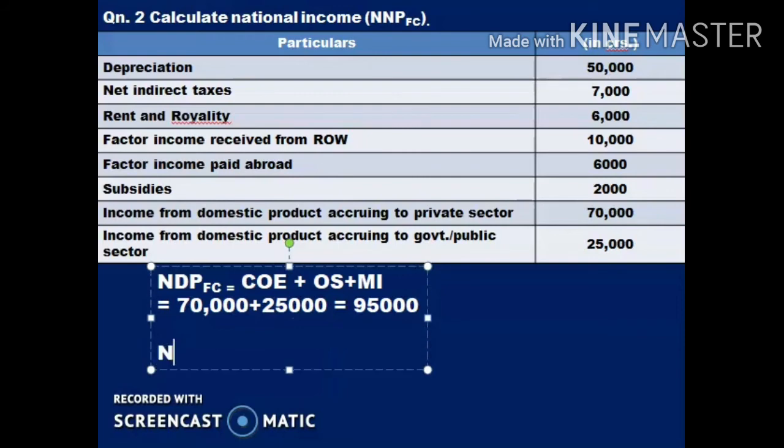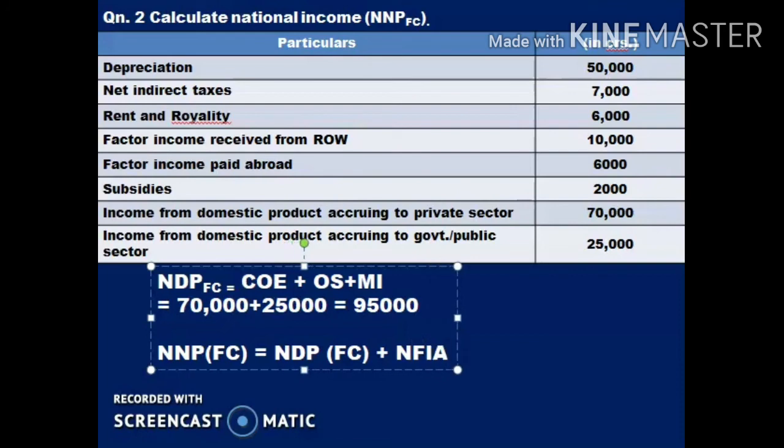Next, what is the formula for NNP-FC? NNP-FC is equal to NDP-FC plus NFIA. You have to change the domestic product to national product, so just add NFIA. How will you calculate?